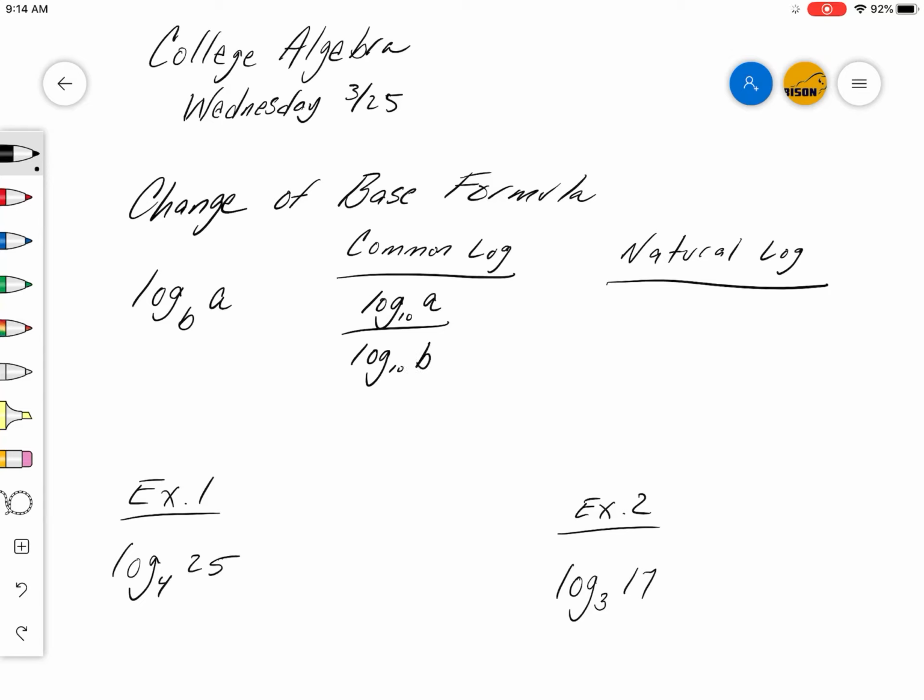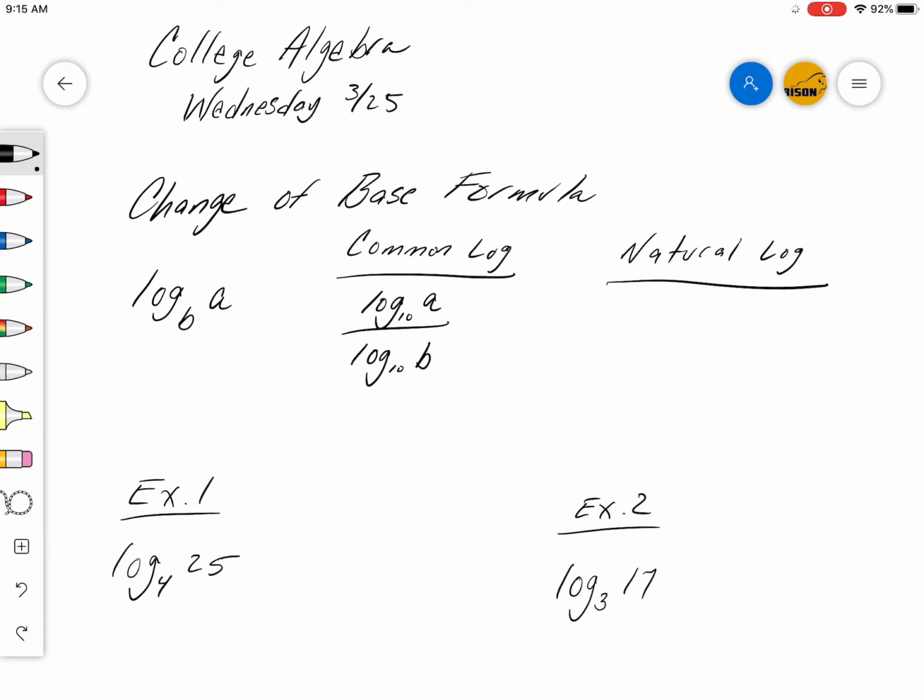Understand that these are log base 10, but there's no reason to write log base 10. If you're writing common log, you don't have to put the little 10 there. So you would just write log of a over log of b. This is how the change of base formula works. Log base b of a is the same thing as log base 10 of a divided by log base 10 of b. It's the number inside on top and the base number on the bottom. You can remember base is the bottom.